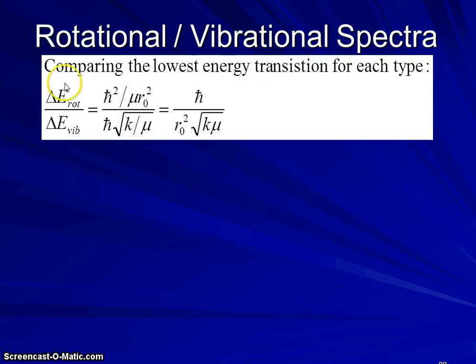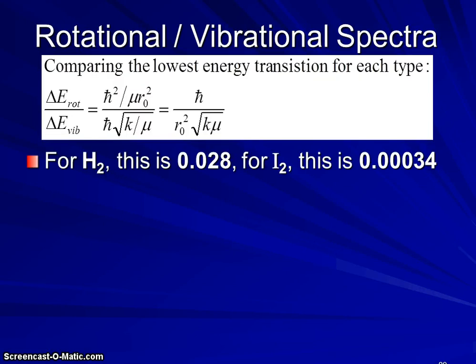A rotational energy is going to be equal to this expression as we talked about earlier. Vibrational equal to this as we talked about earlier. So we can reduce that fraction a bit and get that the fraction of energy associated with rotation compared to vibration is h bar over r squared times the square root of spring constant times reduced mass.